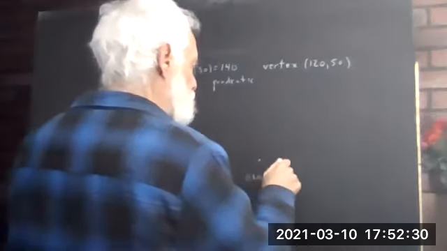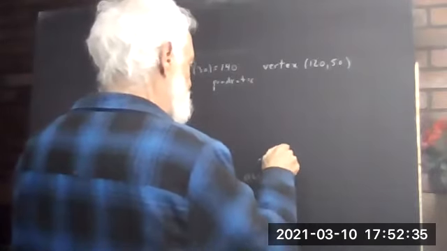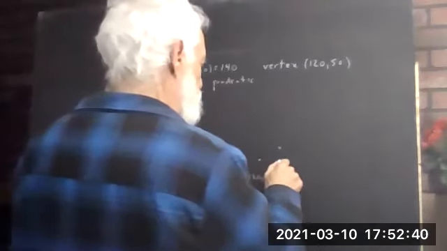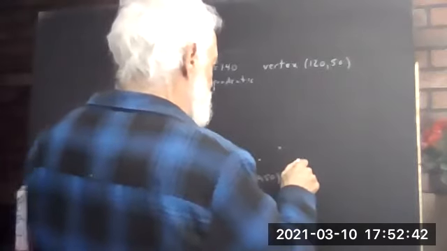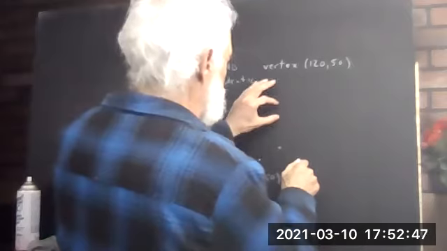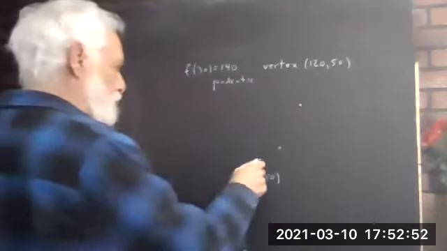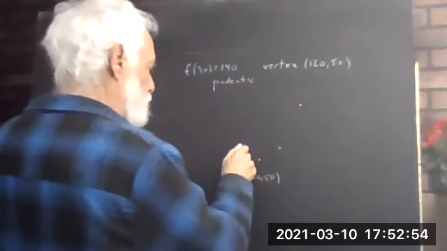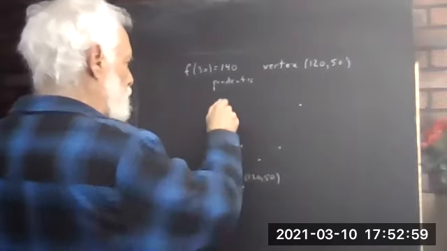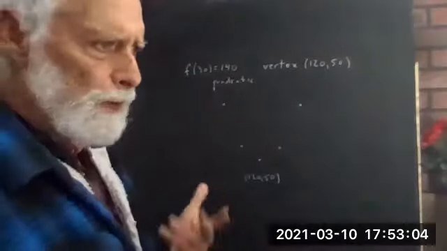But we come over some distance here and up the same distance and get a point on the parabola. And then if we come over the same distance to here, then up 4 times this distance, 1, 2, 3, 4, we're going to end up about here. Now, if I come over the same distance I did before and up to here, and then come over that same distance and then up to here, I should get a better parabola than I did last time.